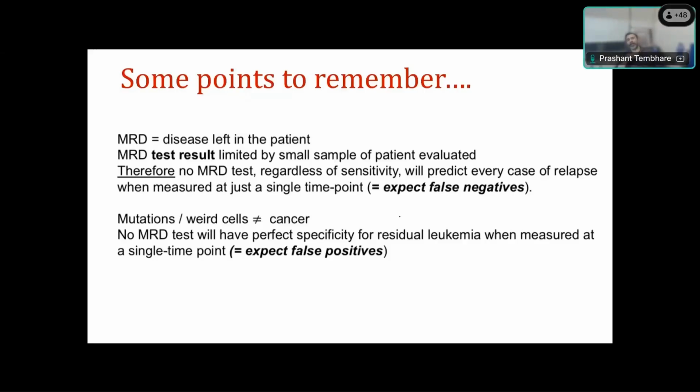That is why, with a single sample MRD, because of the sampling error, you can still have an MRD negative patient who relapses. We are taking a small sample of bone marrow, not all of it, so you may miss it. There might be some patients who are MRD negative but still relapse.